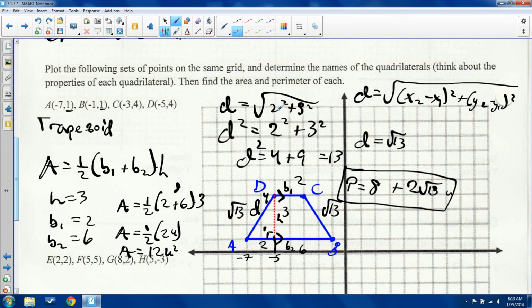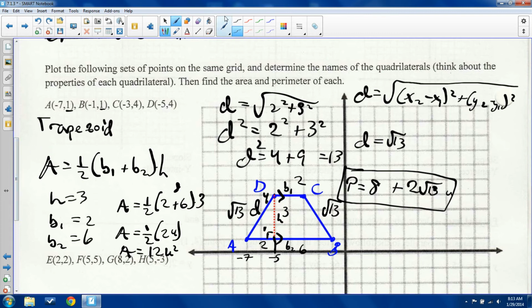It's the square root of the sum of the squares of the differences of my x values and y values. So I find the length by subtracting, basically finding the distance between them. That's where distance formula comes from. And then it's the square root of it, and that's the hypotenuse of a right triangle. So all of these you can find by right triangles.